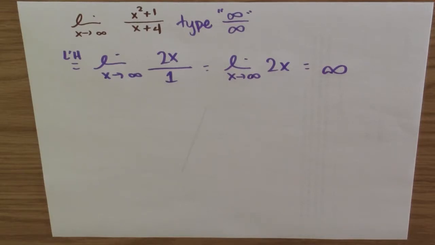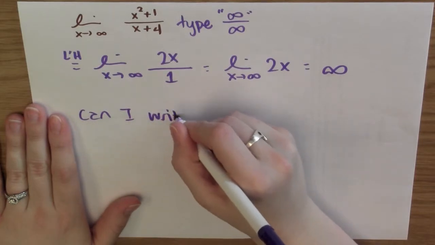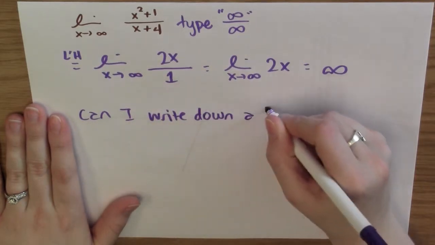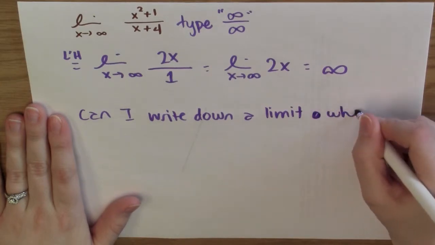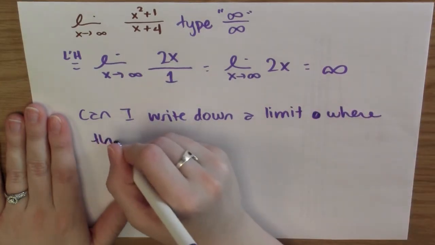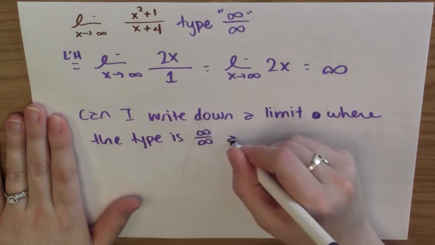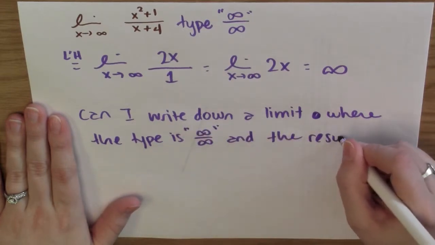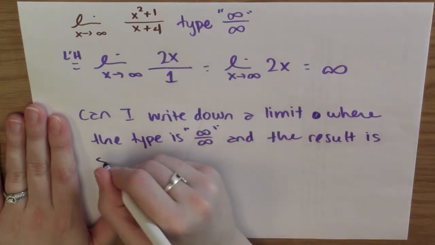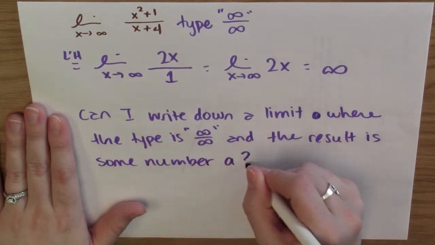So maybe the natural question to ask is, can I write down a limit where the type is infinity over infinity, and the result is some number a?